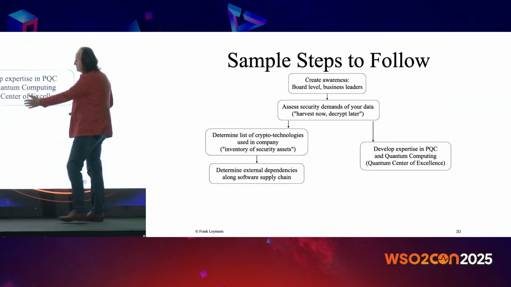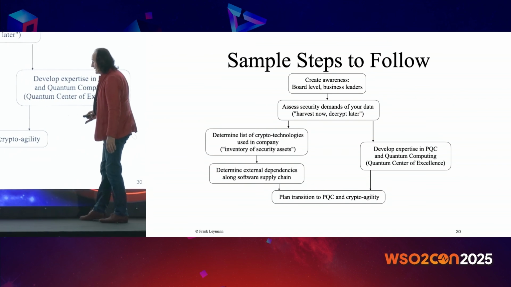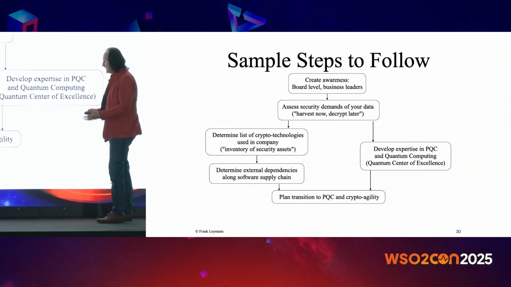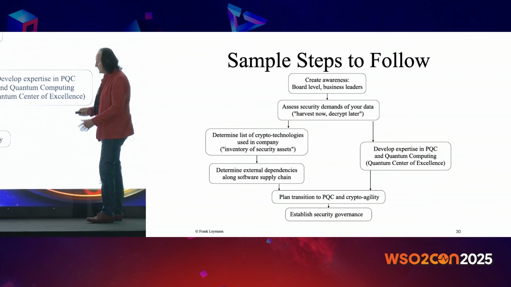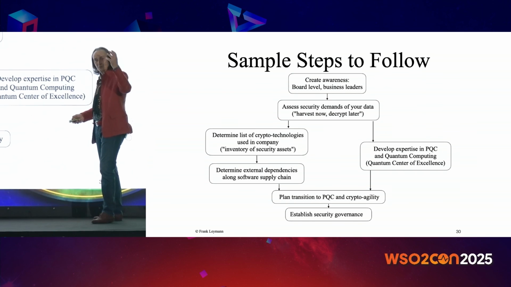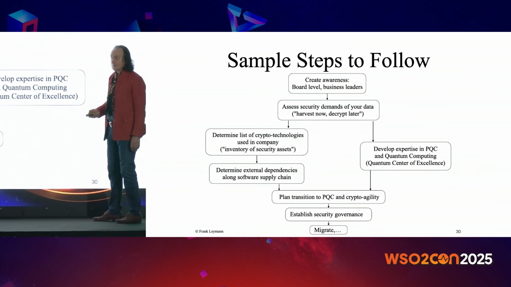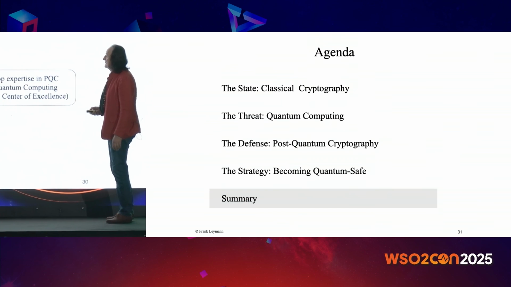You must determine the external dependencies. Then you plan your transition to post-quantum cryptography and crypto agility. You establish a security governance: which algorithms did I use, which ones are still valid? And then you need to migrate. So it takes some time.